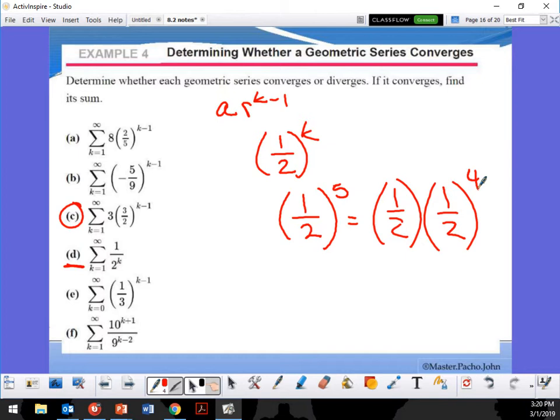When I'm multiplying those bases, what do I do with my exponents? I add them, right? But then what happened to my 5? I subtracted 1, didn't I? So I subtracted 1 from that, and if I were to still add these, would this still be my 1/2 to the 5th? There it is.